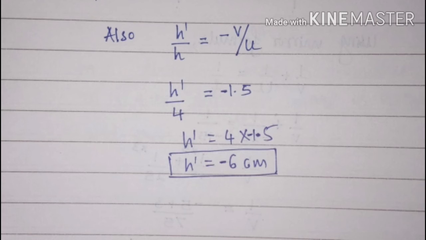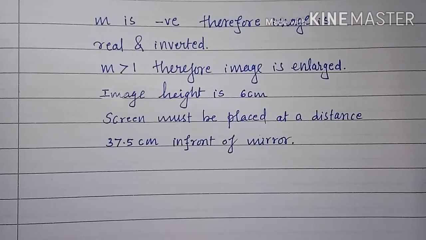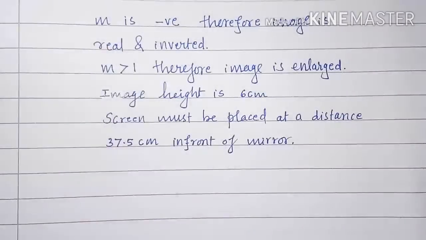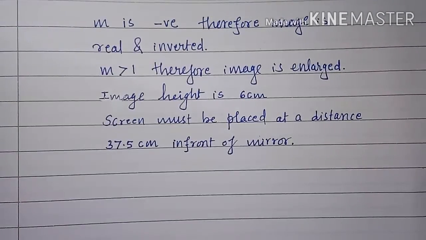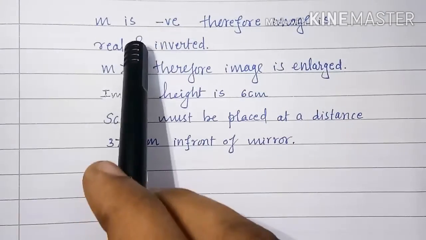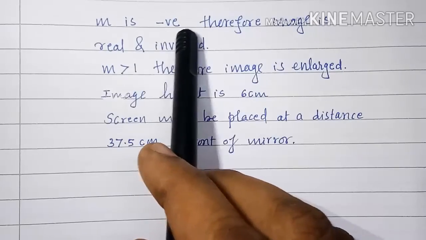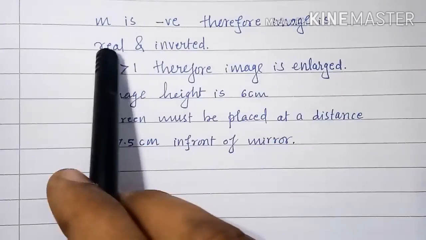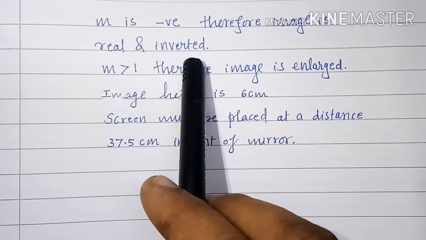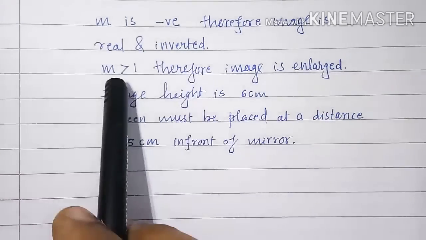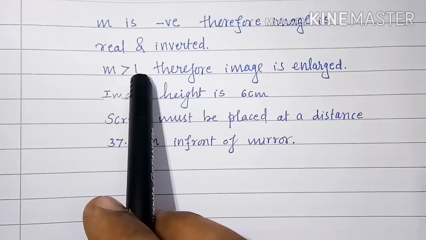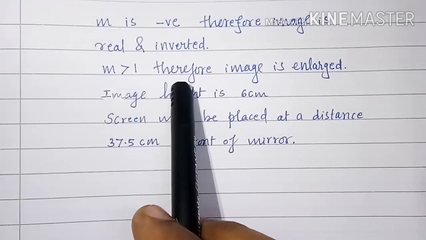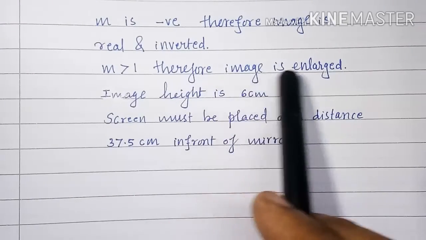That is, we obtain here inverted image. m is negative, therefore image is real and inverted. m value is greater than 1, therefore image is enlarged.